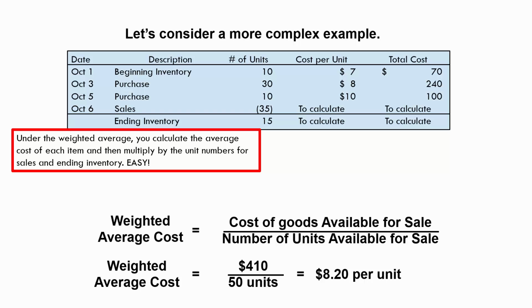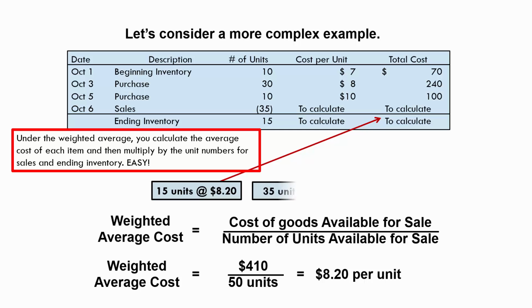We have to go back and calculate this for every accounting period to figure out what we need in this number to multiply by the number of units to determine the total value of cost of goods sold and ending inventory. So 15 times $8.20 gives us our ending inventory, and 35 times $8.20 gives us our cost of goods sold.